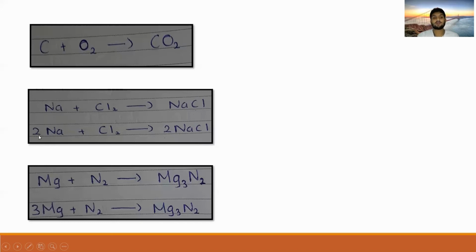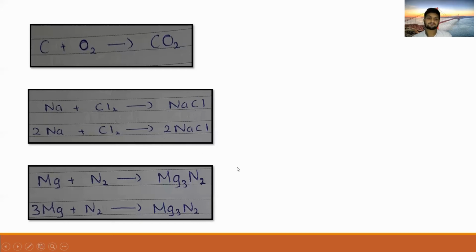Here also you have to multiply the sodium by 2. Then if you see, two sodiums are here, two sodiums are here, two chlorines, two chlorines. All right. Whenever you're balancing, you can only add integers in front of an element. You can't add to the bottom of an element. You can only add in front of any compound or element.